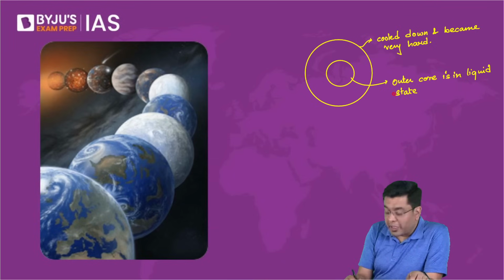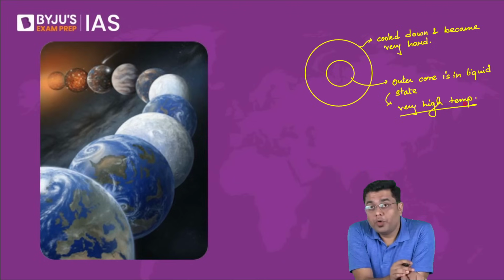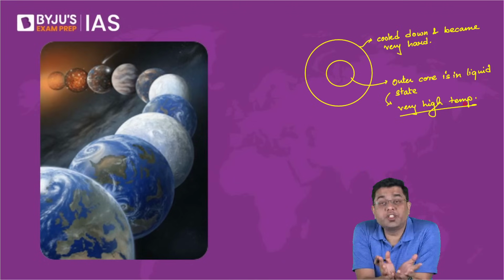Why? Because of very high temperature. So, while the outer portion started cooling down, the inner portion of the planet still retained that heat, just like the milk example that I gave you.